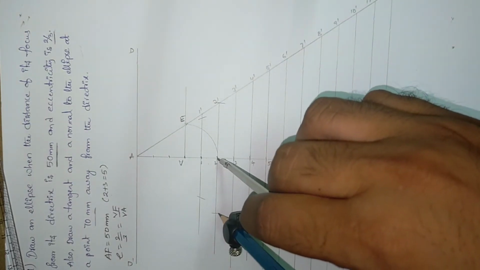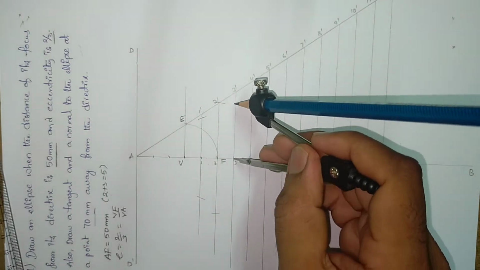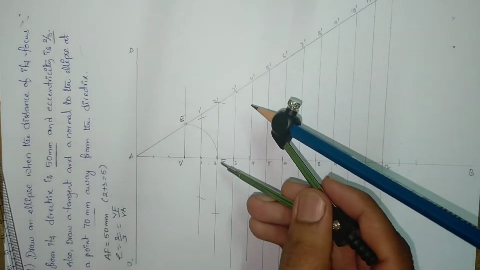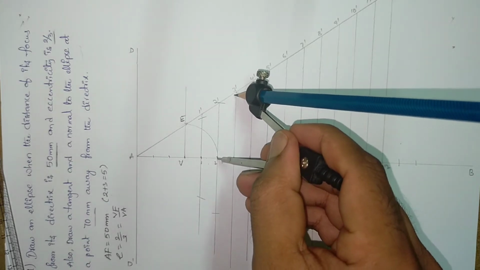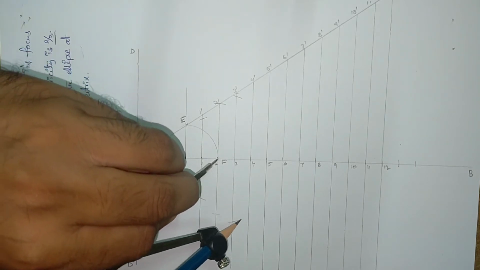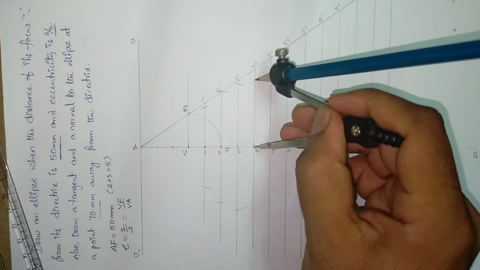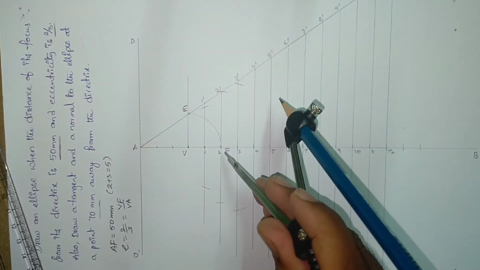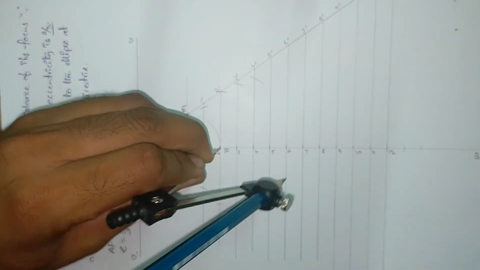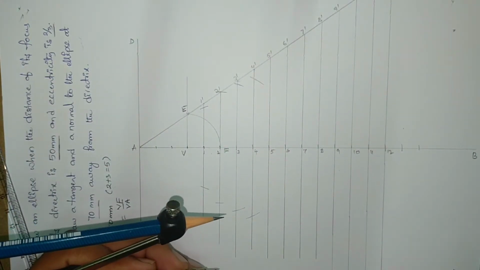These cutting points are locus points of the curve, the locus of V. 3 dash as radius, F as center, cut the 3 dash line. 4 dash as radius, F as center. Similarly 5 dash, 6 dash, 7 dash and so on.